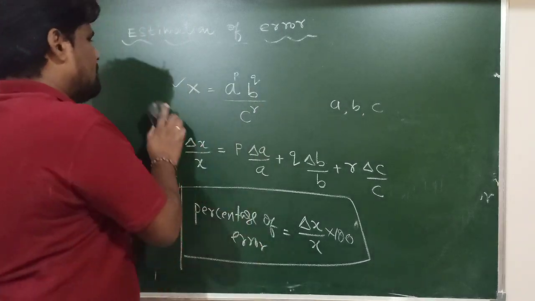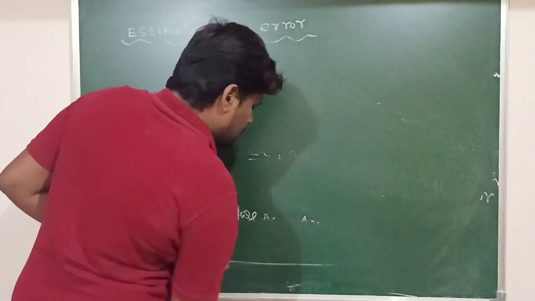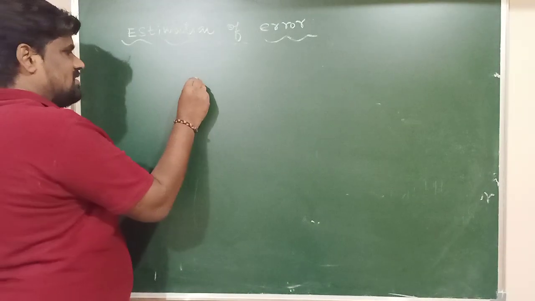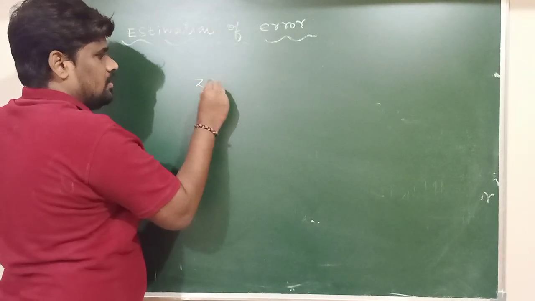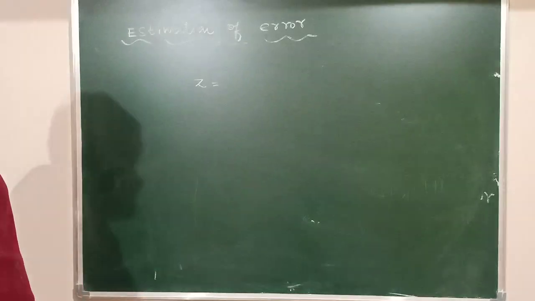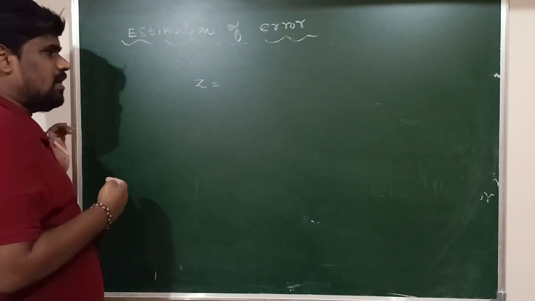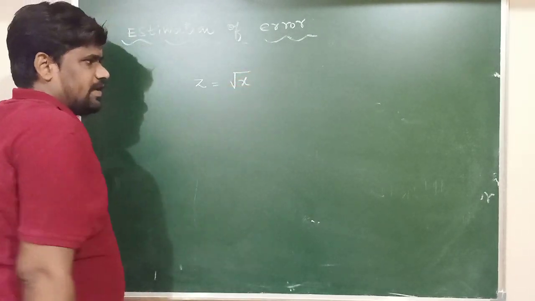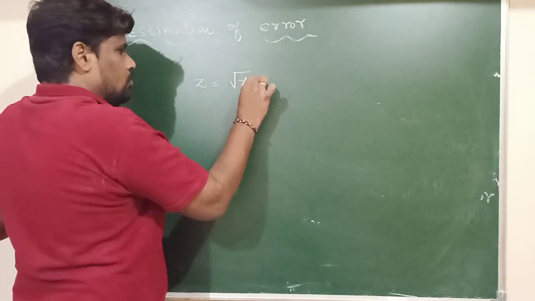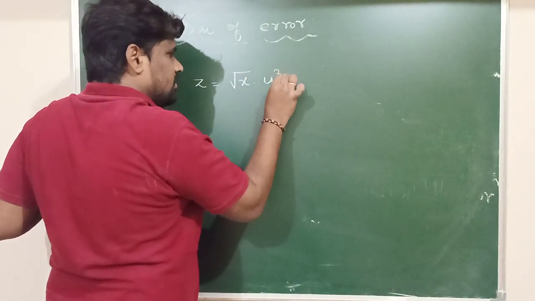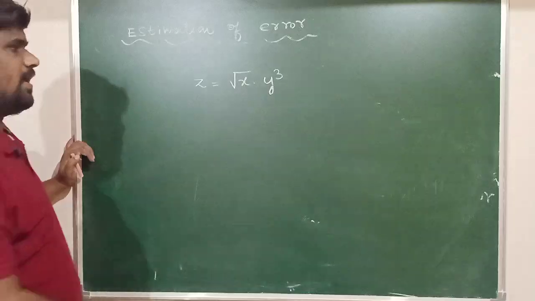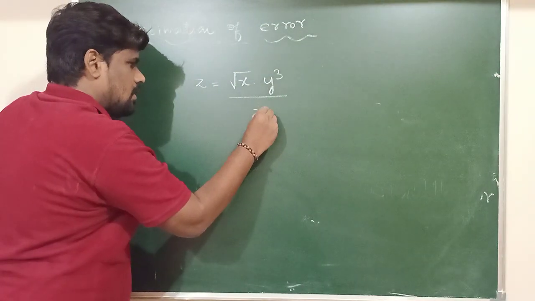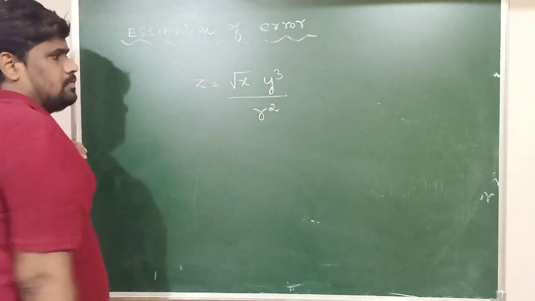Let me take one more example here so that the concept will become very clear. Say for example, z is a physical quantity. It depends on x, as root of x into y power 3 divided by r power 2.